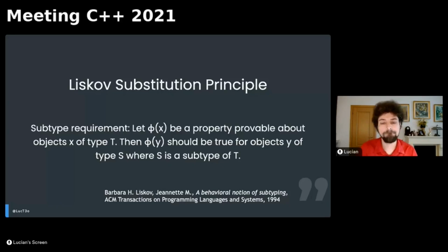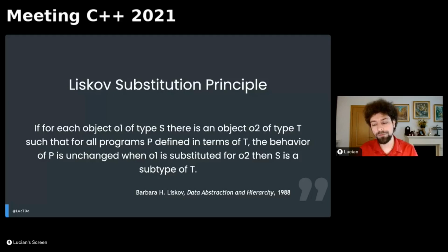That's the intent of this principle. And the older definition, which is a little bit easier to process: for each object o1 of type S, there is an object o2 of type T, such that for all programs P defined in terms of T, the behavior of P is unchanged when o1 is substituted for o2, then S is a subtype of T.